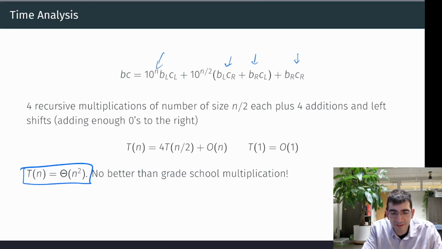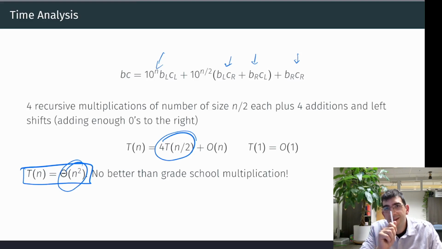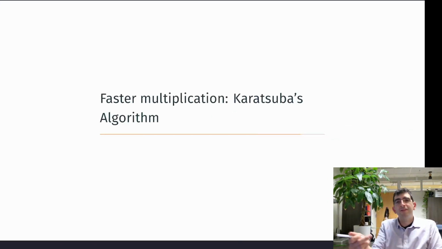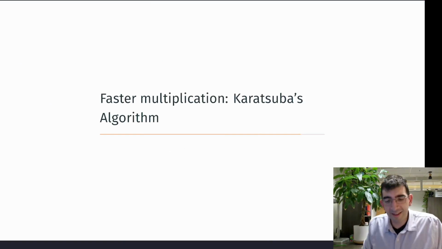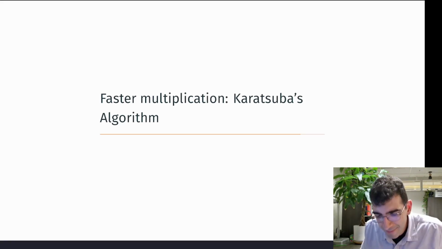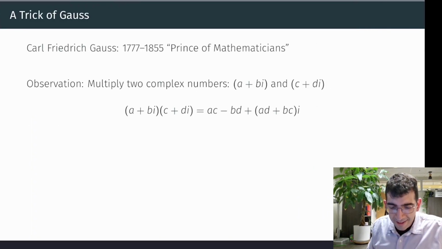That's the thing that's screwing us over. This right here still gets us to n squared, and that is not good. But a genius named Karatsuba used this insight and other insights to come up with a very clever algorithm.